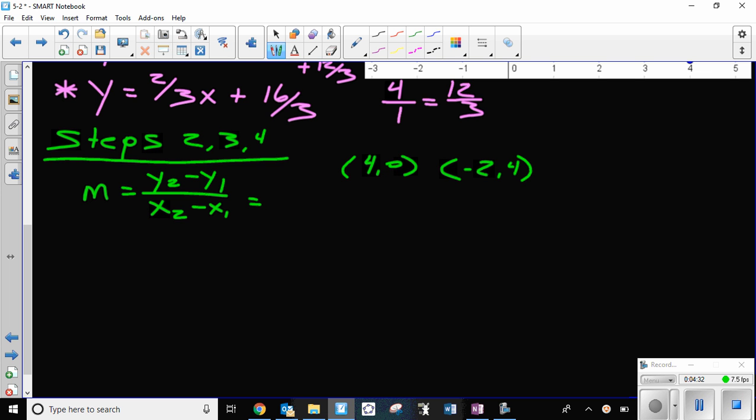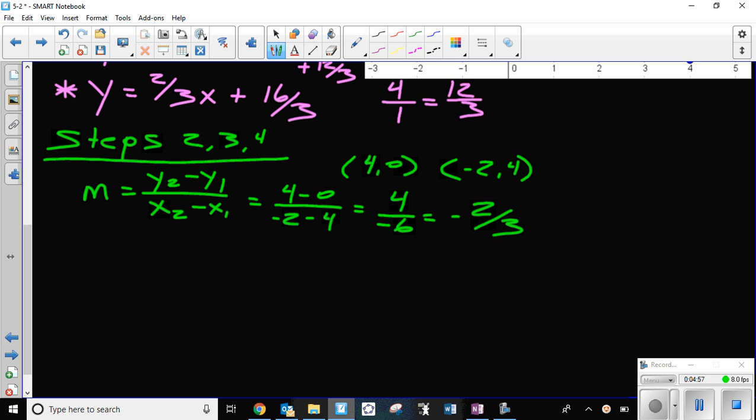So now I've got 4 minus 0 over negative 2 minus 4, which will get me 4 over negative 6, which will simplify to a fraction of negative 2/3.